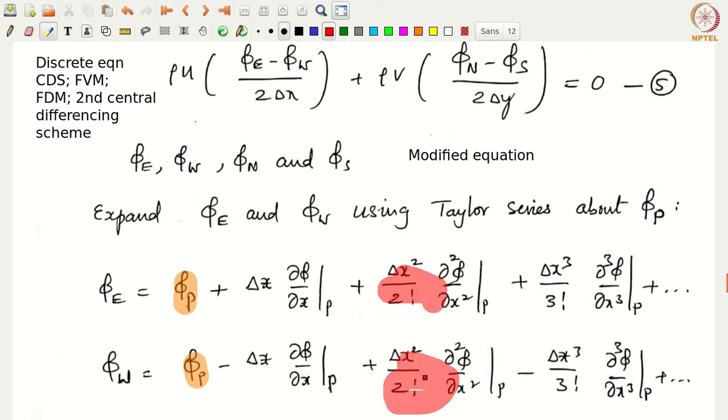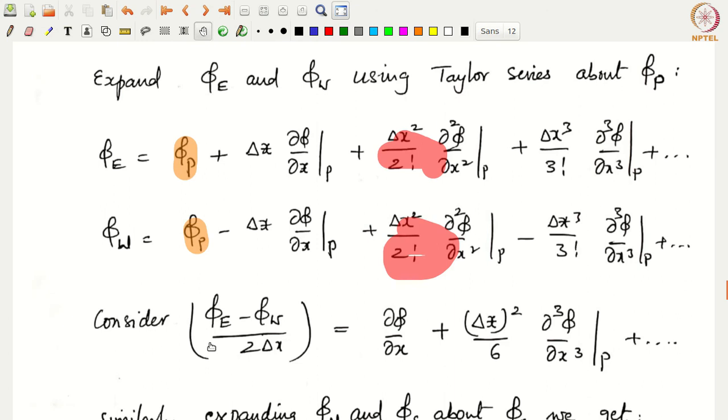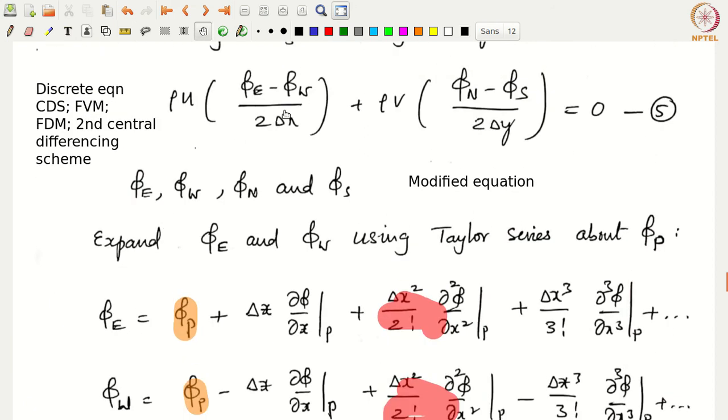Then this will become delta x cube by 6, but you are adding them up, so this will become delta x square, divided by 2 delta x, so you would get something of the order of delta x square times partial cube phi by partial x cube. That means if I write this equation, what you get is partial phi partial x, which survives, plus delta x square by 6 partial cube phi by partial x cube. That's what we would get for this first quantity.